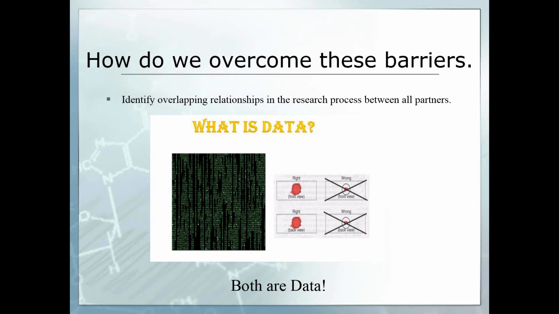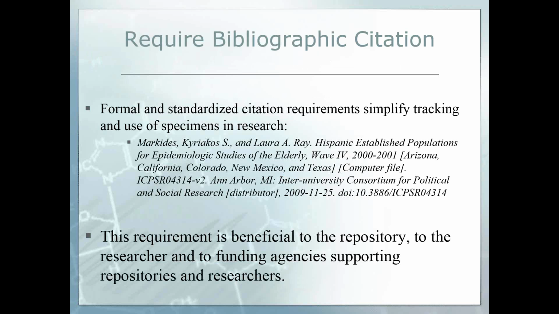Quite often within the biomedical community, data is seen as the publication. That is the data. If you ask a biomedical researcher if you can use their data, they will hand you the publication. This is linguistics. This is language, and we can overcome that. It's just a process of education. But it was a striking observation that came to me when I first started working with the biomedical researchers.